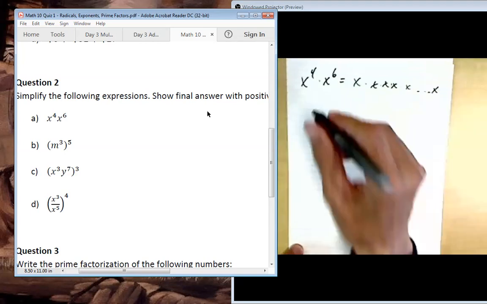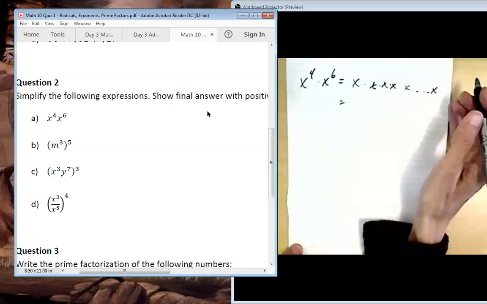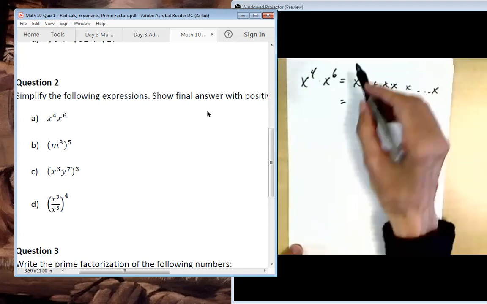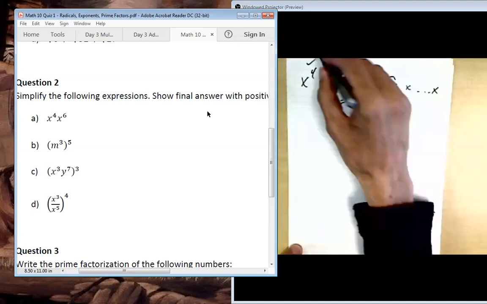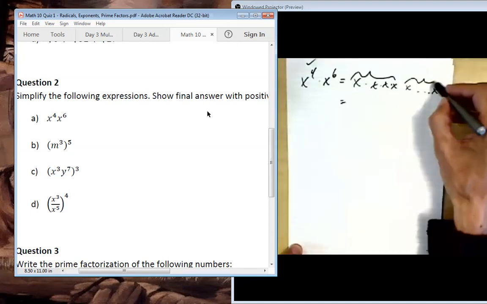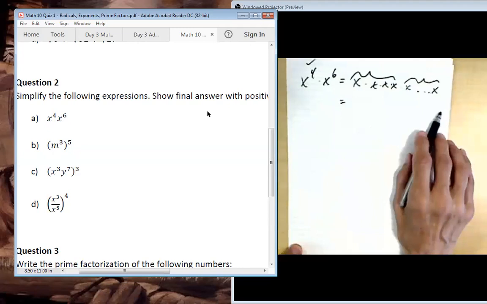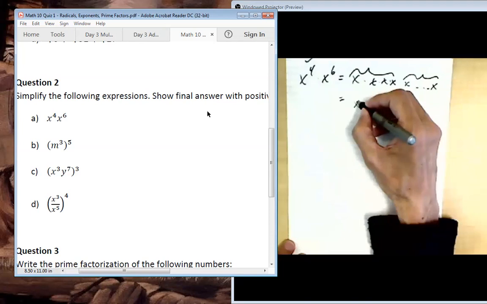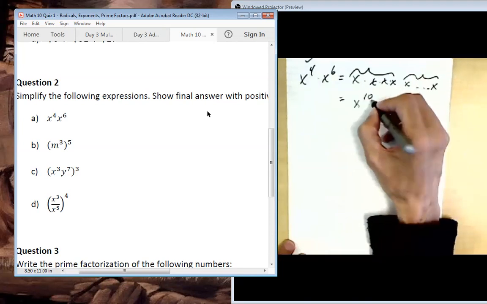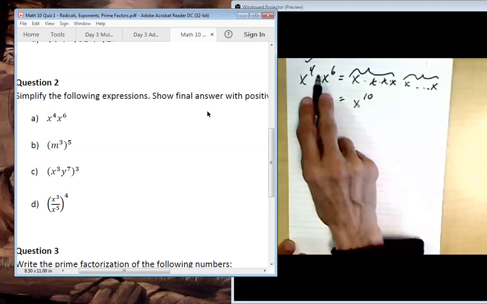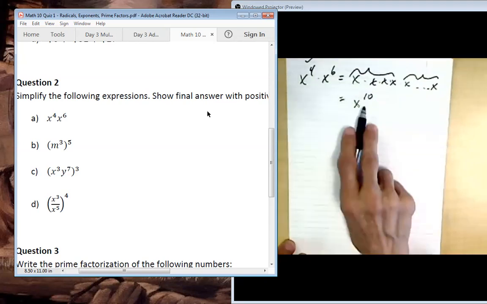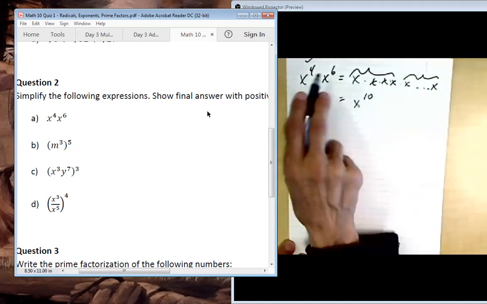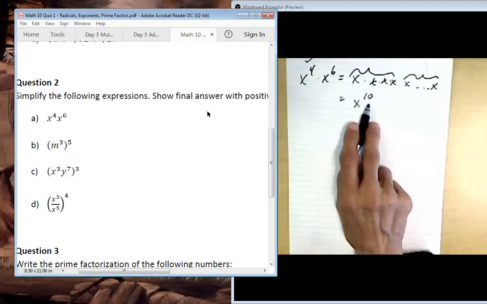So how many in total then? 4 here, 4 there, 6 there. How many in the line are all multiplied together? 10. Yeah, nice. So remember, you add these together in this situation to get the result. That's the little shortcut. Add the originals to get the number there at the end.